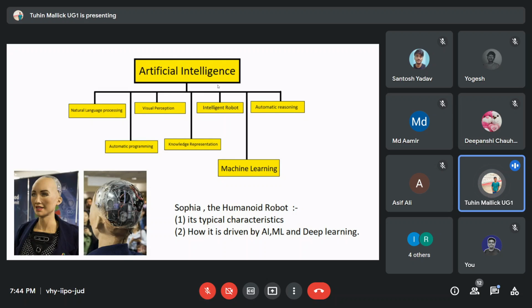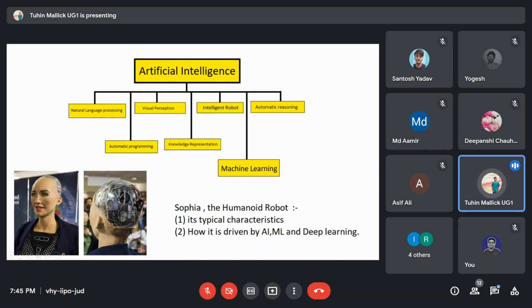Its uniqueness lies in the fact that it is the first robot developed in the history of humankind that has been given citizenship by Saudi Arabia, that can almost clone a human. Clone a human in the sense that it has quite a number of characteristics. It can mimic characteristics of human beings. It can respond to questions, ask questions, give its views and thoughts and opinions. Yes, it can think. It has been trained so that it can think on its own.